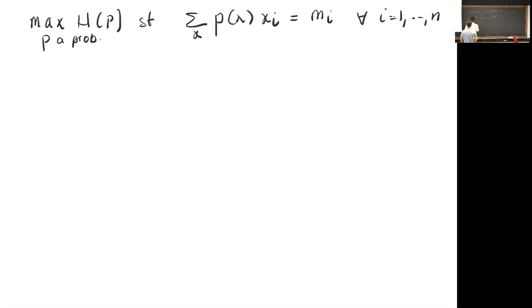So all that must be equal to 0. You must optimize this Lagrange function, so write it equal to 0. You're looking for the optimum of this Lagrange function. Again, this function seen as a function of the P of x is concave. So we know that anyway there is a single optimizer, which is a maximum.